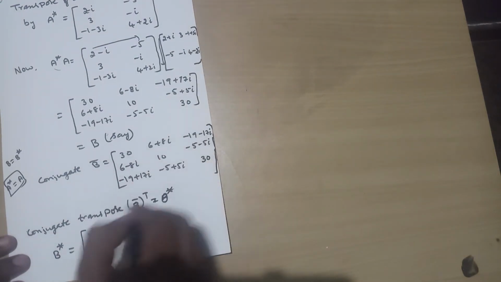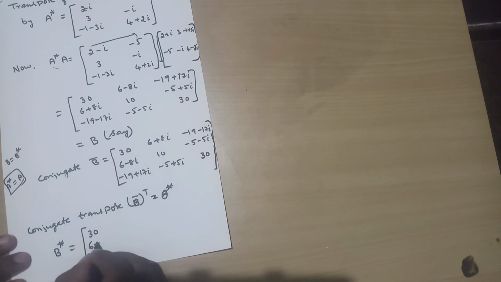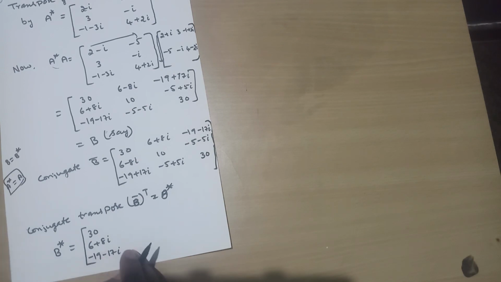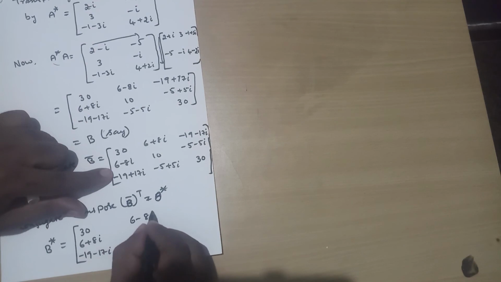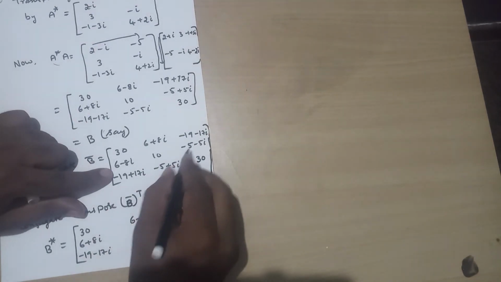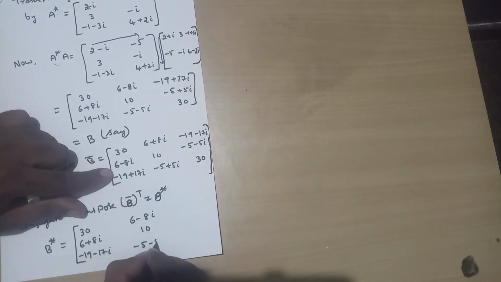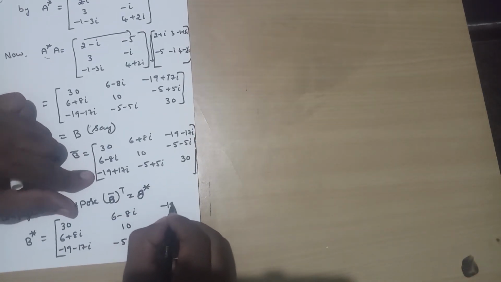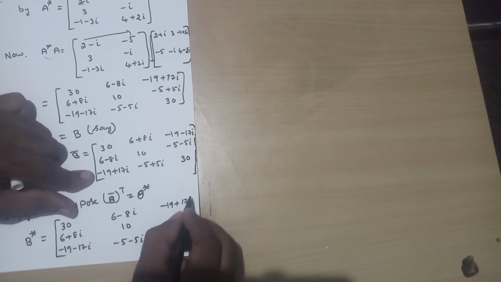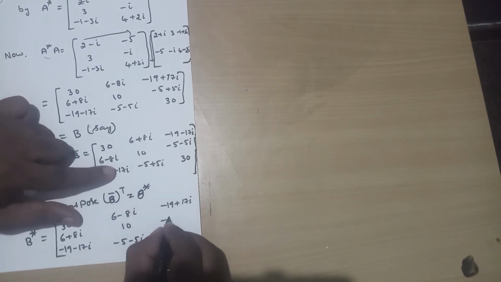Take the transpose: 36 plus 8I, minus 19 minus 17I, and here what do you get? 6 minus 8I, 10, minus 5 minus 5I, and here minus 19 plus 17I, here minus 5 plus 5I, and you will get 30.